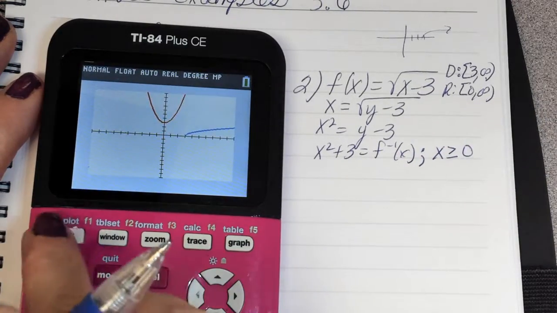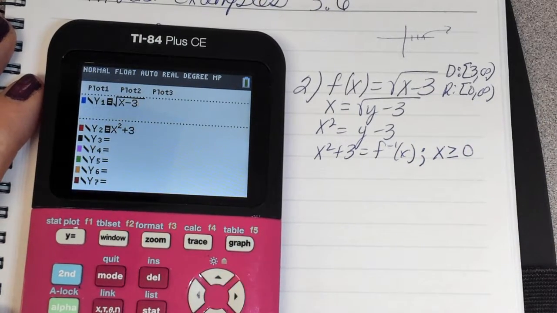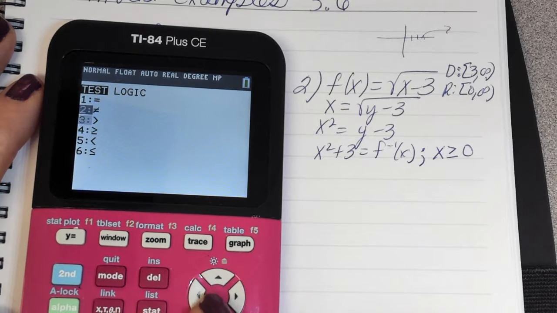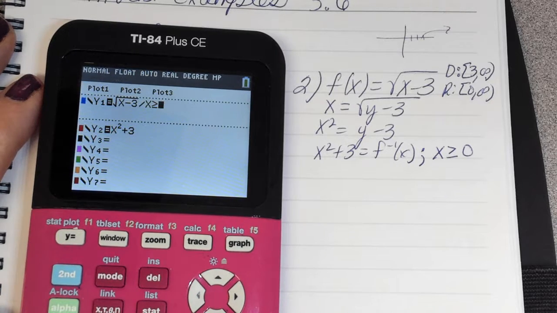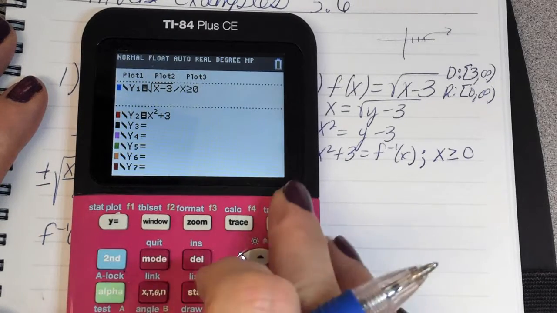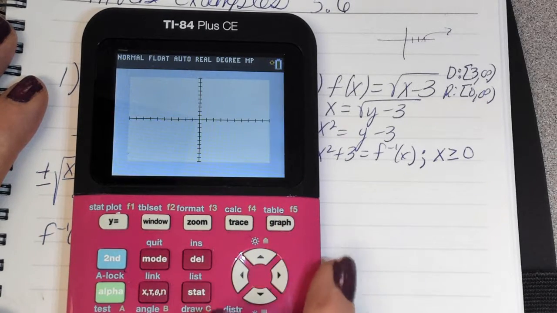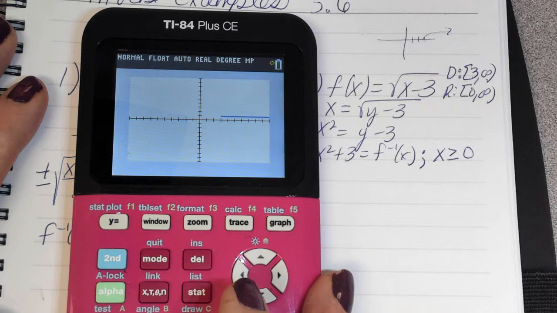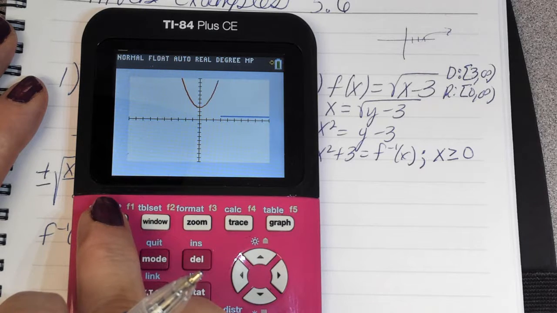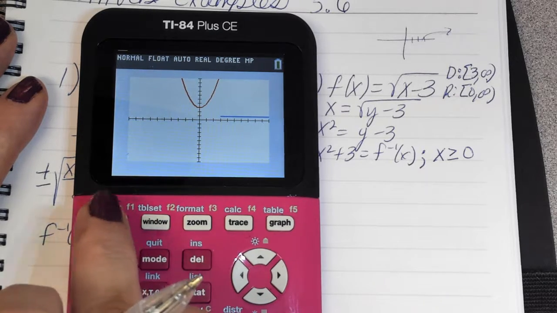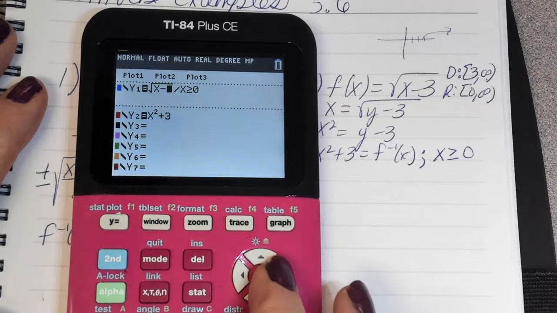Because look, I can go back to this function and divide this up and only graph it when x is, and I go under test. Now I'm telling it only graph this function if x is greater than or equal to 0. Now look what happens. I'm not sure what happened. Hold on. Oh, I put it in the wrong spot, didn't I?